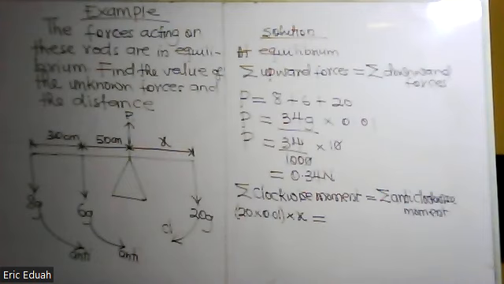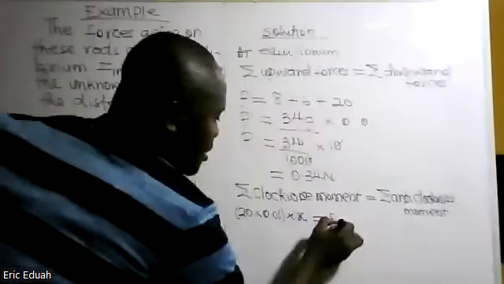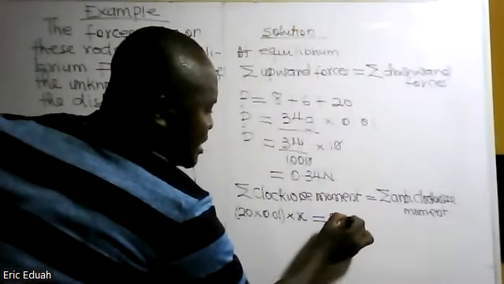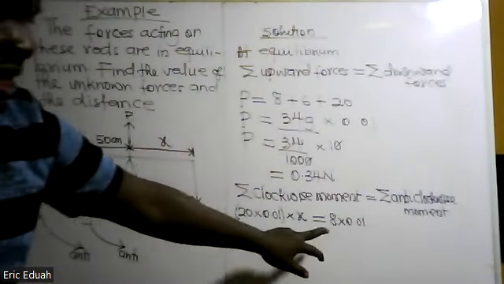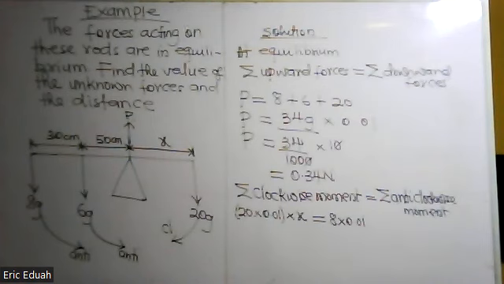So 8 gram times 0.01, converting gram to weight, times the perpendicular distance the 8 gram makes with the pivot. Please, what's the perpendicular distance here? From the 80 centimeters. Come again. 80 centimeters. Good.